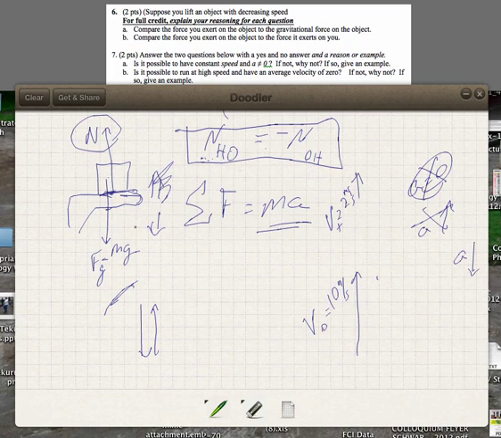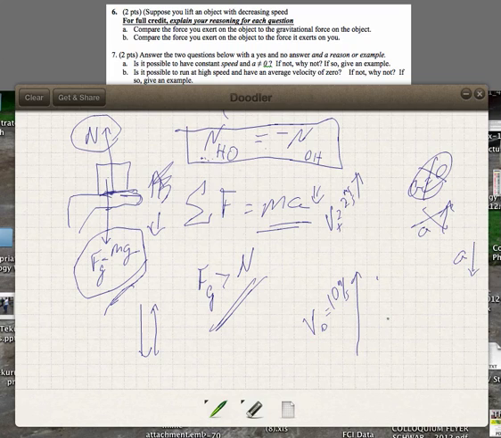And because acceleration is downwards, the net force is downwards, and that means gravity must be greater than the normal force. So because I'm moving up but slowing down, the force of gravity must be greater than the normal force.